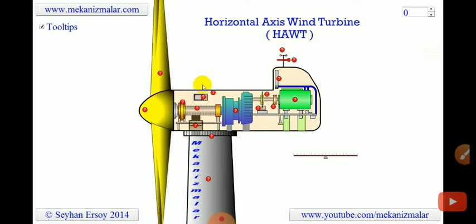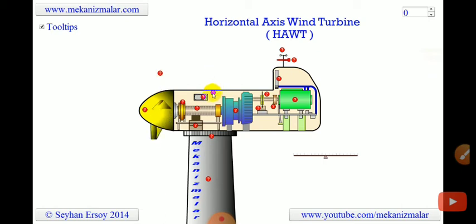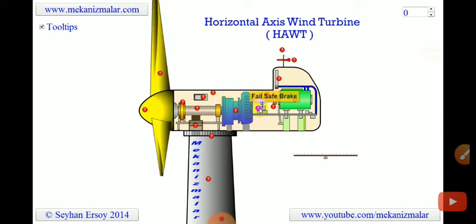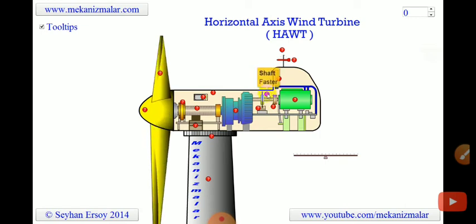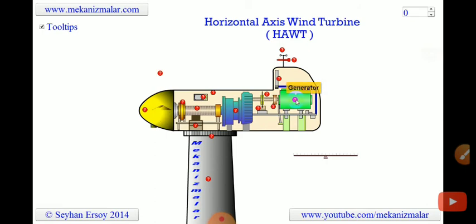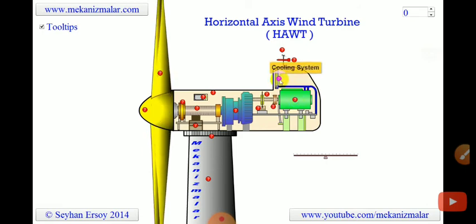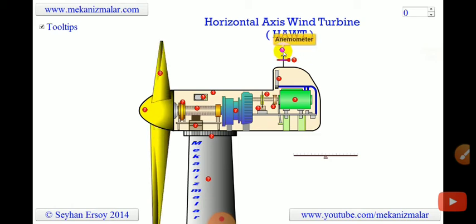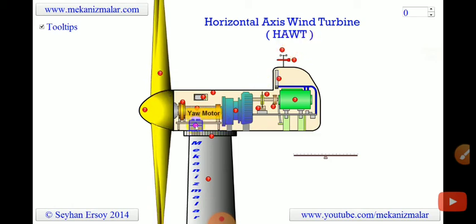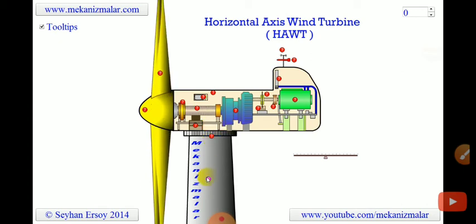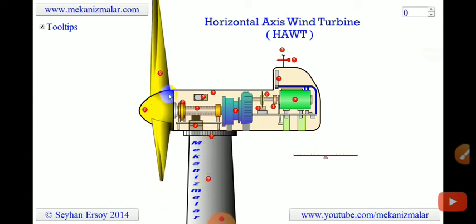They are showing all the parts. This is the gearbox, coupling, generator, cooling system, wind vane, so everything is there. This is the anemometer. And this is the tower.